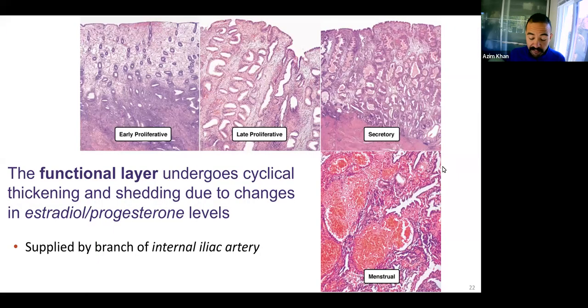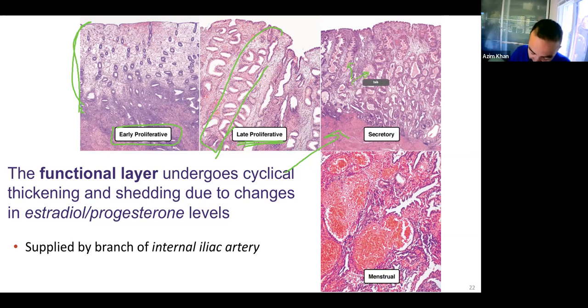That functional layer of the endometrium, as I mentioned, will change throughout the cycle. Early in the cycle, you have some glands, some blood vessels. Later in the cycle, you get more and more glands. You can see how much larger these glands are getting. At peak fertility, look at how many glands there are and look at the blood vessels.